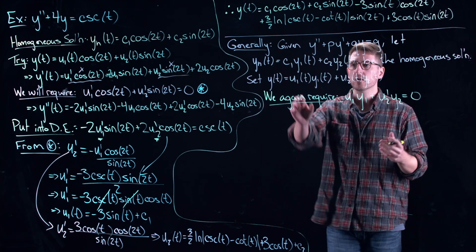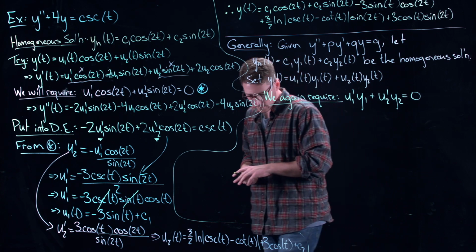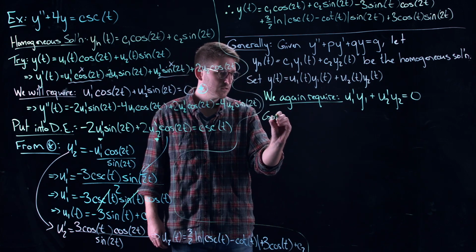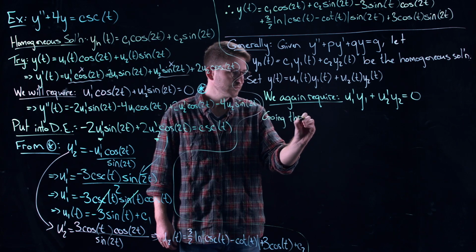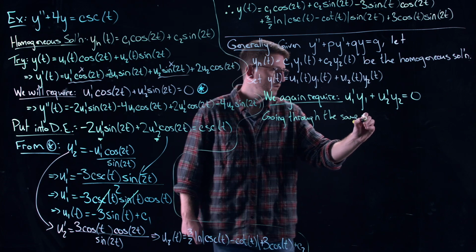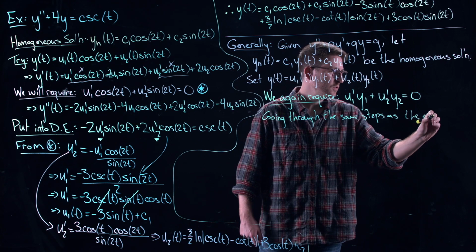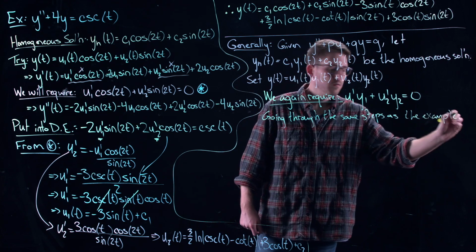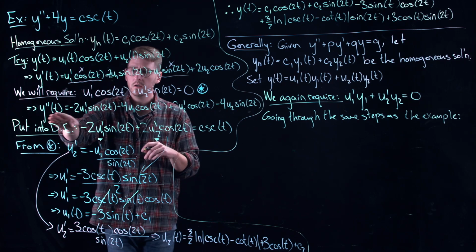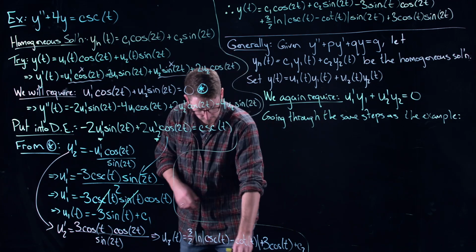Two equations now. You're going to put this into the differential equation, and you're going to use that thing. And let's say going through all the steps, the same steps as the example. My example was that I took the derivatives, I used this condition, I put them into the differential equation, I again used the condition.